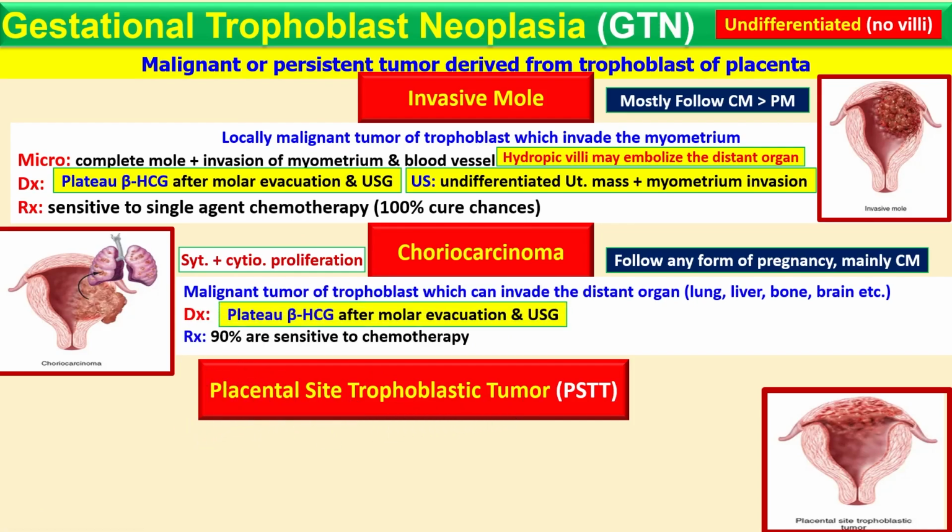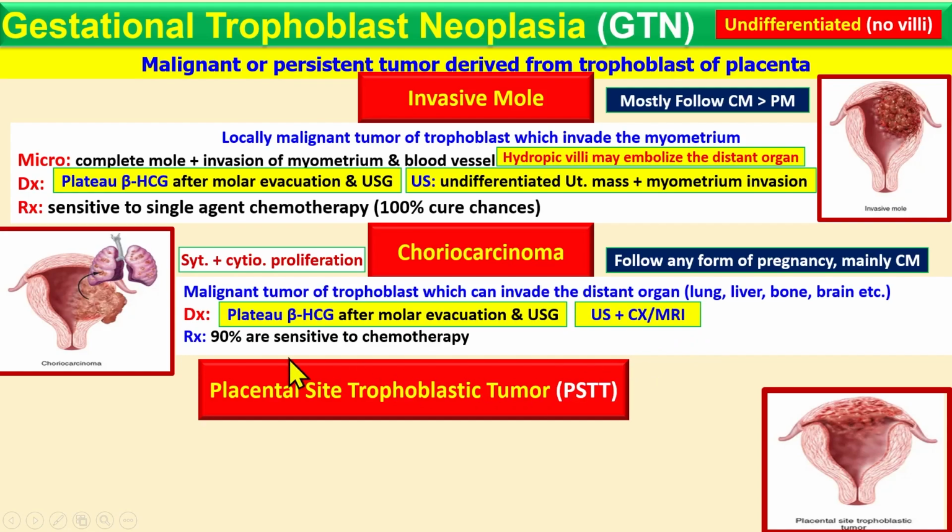In the diagnosis, there is beta HCG, of course, plateau of beta HCG after molar pregnancy, and you can confirm by ultrasound, where you see invasion. You can look at the chest X-ray for metastasis and MRI of the pelvis.